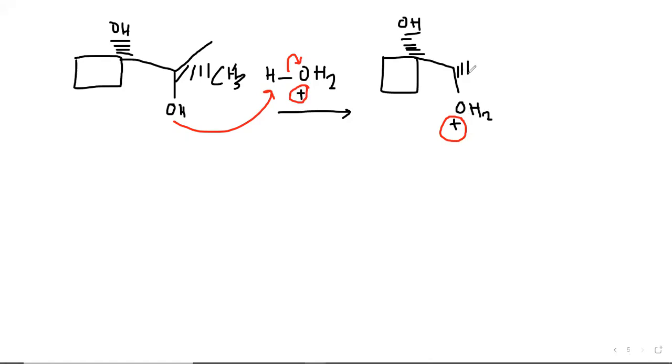So we have, of course, the CH3 here, and then we have the CH3 there as well. So just like in the previous case, the electrons, this oxygen with 2 hydrogens will leave by itself, and then what's going to result is a carbocation.